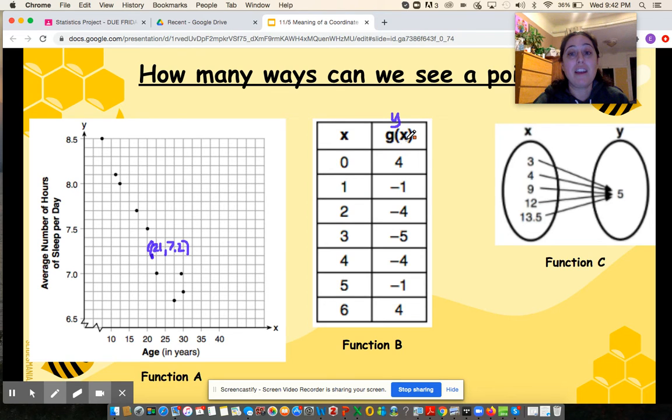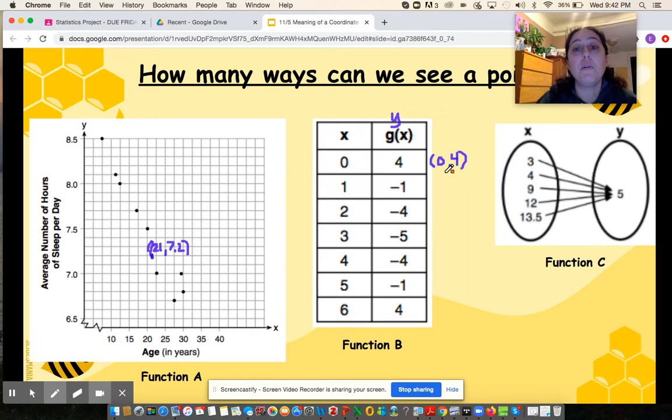So the g of x value here would be the same placement on a graph as the Y value.